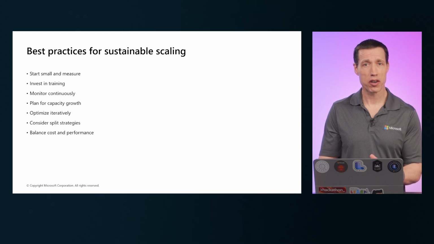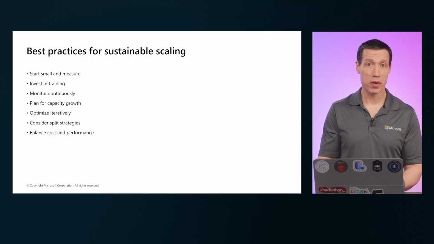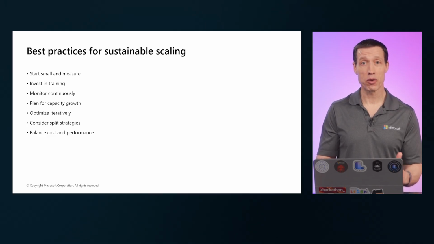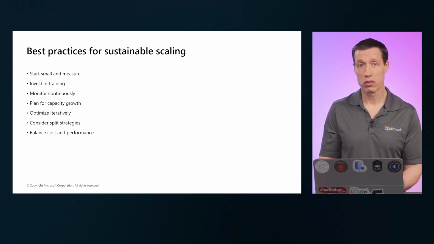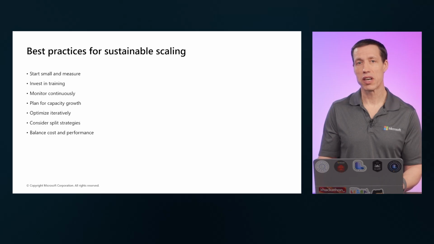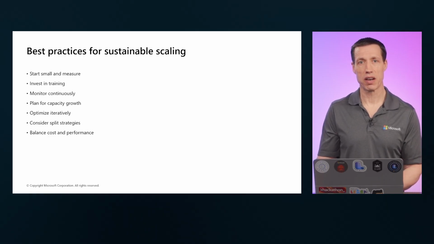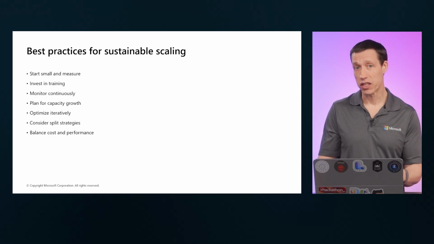Plan for growth and monitor, monitor, monitor. Balance cost, performance, and governance by continuously reviewing usage patterns, refining training, and treating scaling as an ongoing investigation rather than a one-time setup. Educate your team on how to best use investigative skills with Copilot as their assistant for more optimal performance.